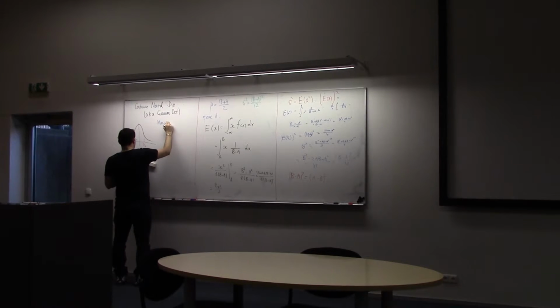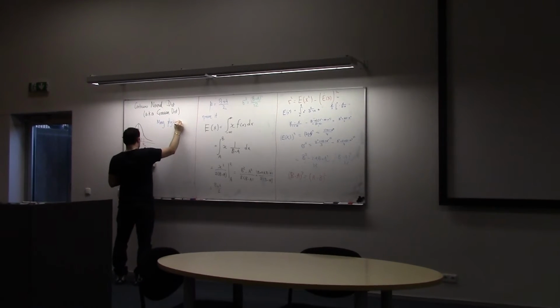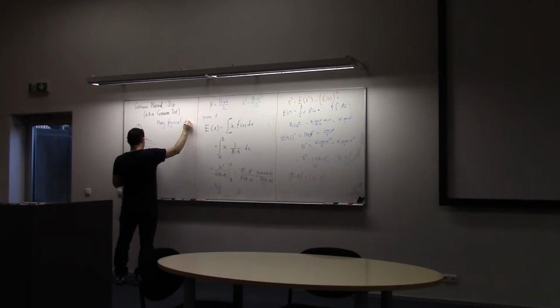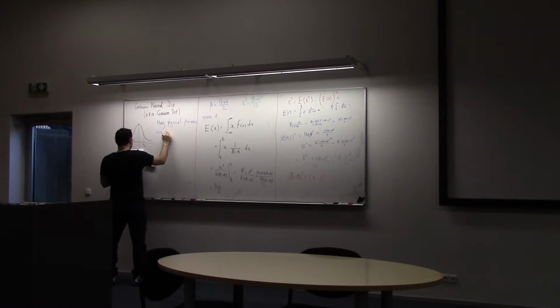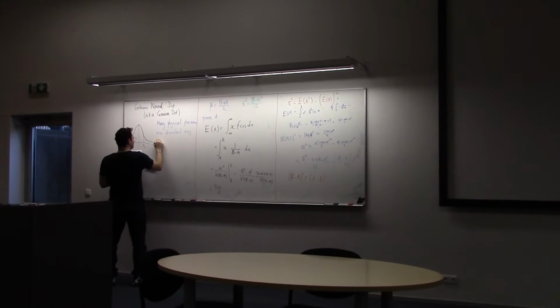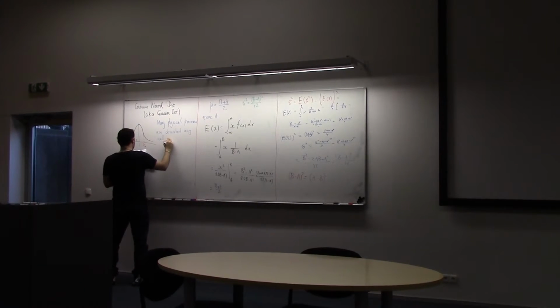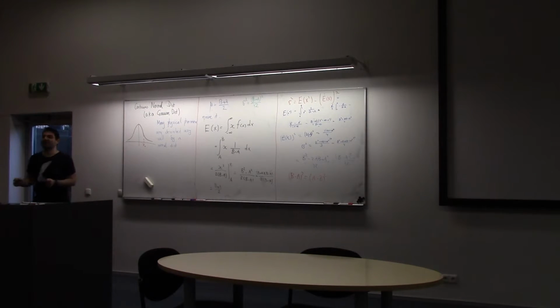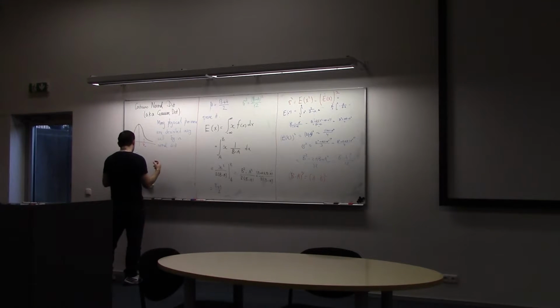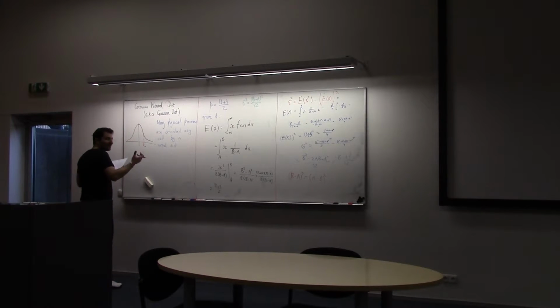Many physical phenomena are described very well by a normal distribution, such as human height, for instance, such as measuring errors in an exam.